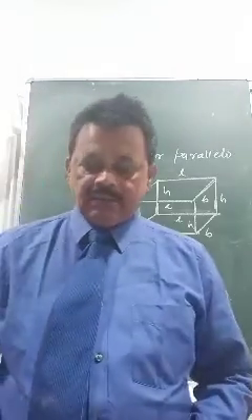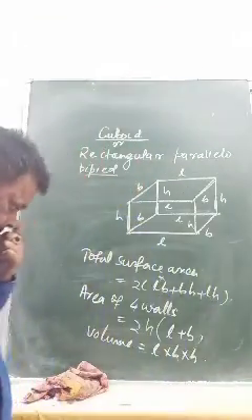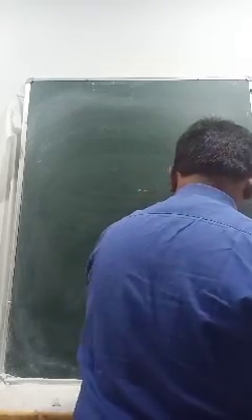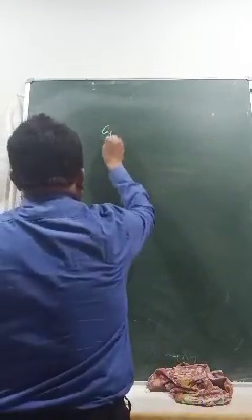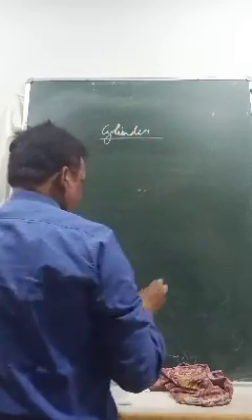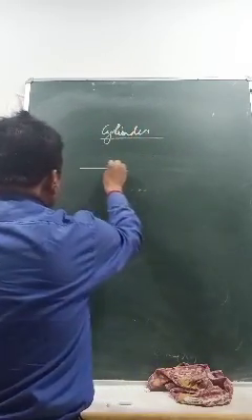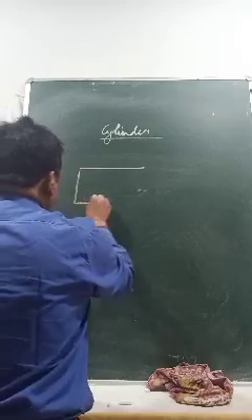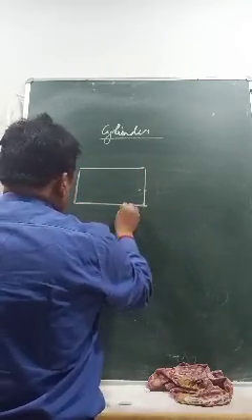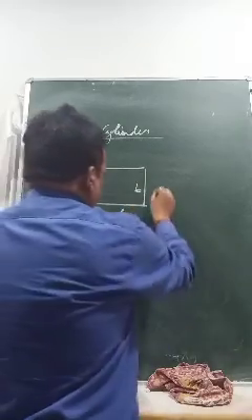Okay. Then it comes to cylinder. Cylinder is like this, a rectangular piece of paper or sheet. This is L, this is suppose B. When you fold it, how will you fold?